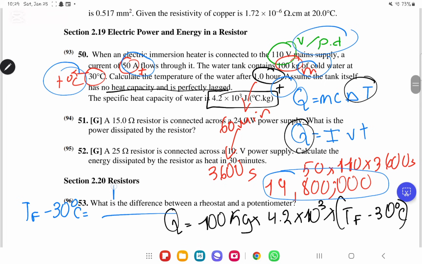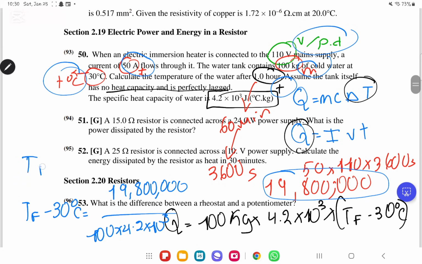So if we put it all as an equation, we get that temperature final minus 30 degrees Celsius is equal to 19,800,000 divided by 100 times 4.2 times 10 to the power of 3. So if you do it on the calculator, you are gonna get an answer of approximately 47.